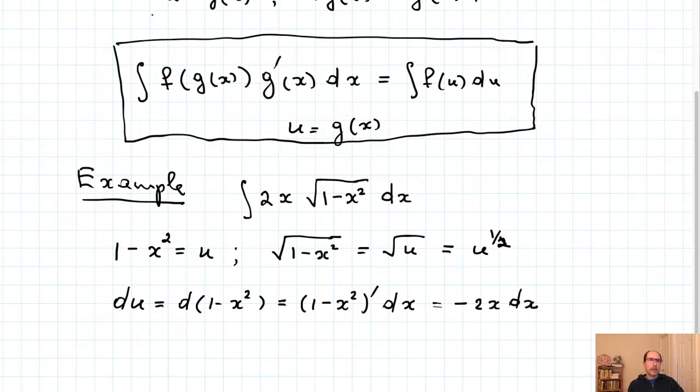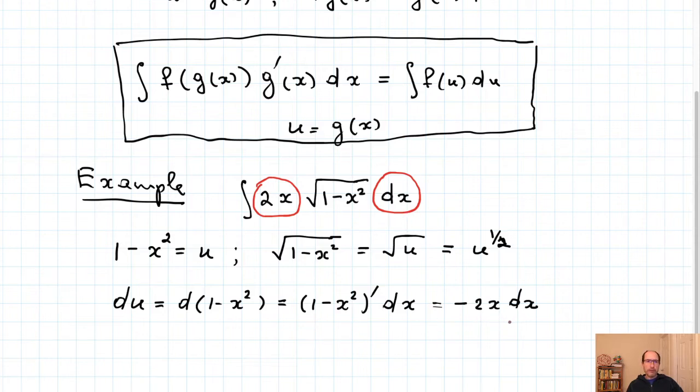Now, if you look at our integral that we need to calculate, the square root of 1 minus x squared became the square root of u, and the next term, 2x, let's combine it also with dx. So we're looking now at 2x dx. That's the term that we have in our integral in addition to the square root. So 2x times dx, that's almost du. Not quite, but almost.